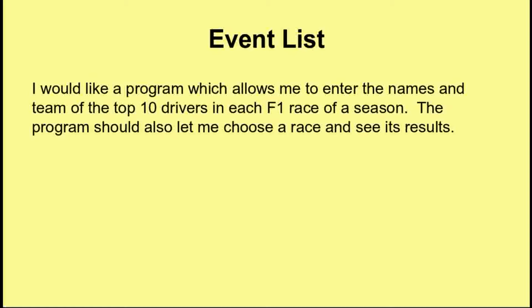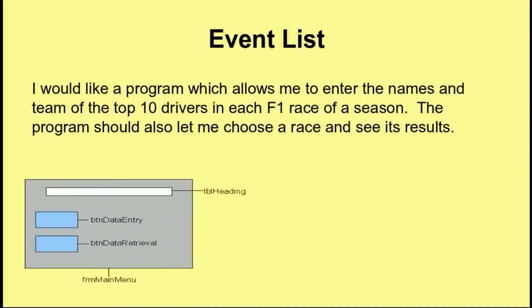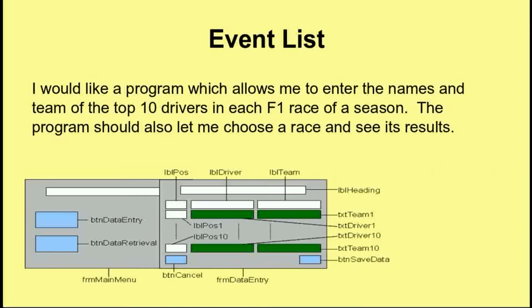So let's just have a quick recap over the forms. The first form we designed was form main menu, and that allowed the user to select which form they wanted to go to. So for example, when the user clicks on button data entry, that event should open up the data entry form.